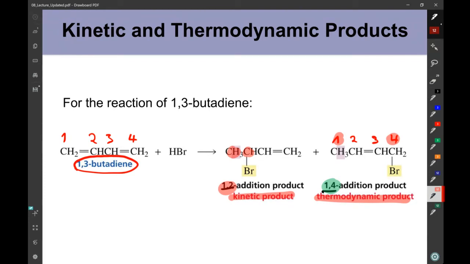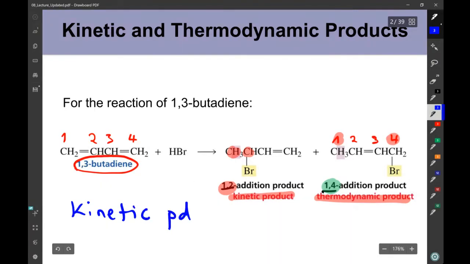Kinetic has to do with speed: how fast can something be formed? So the kinetic product usually is the product that is formed the fastest. Whereas the thermodynamic product always refers to the product that is most stable. So that's what I want you guys to keep in mind here.